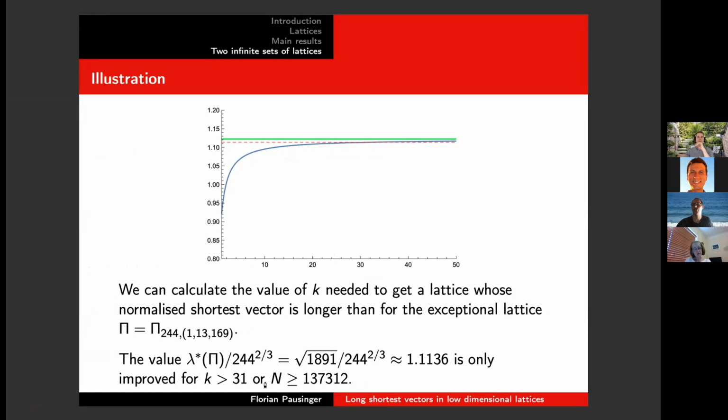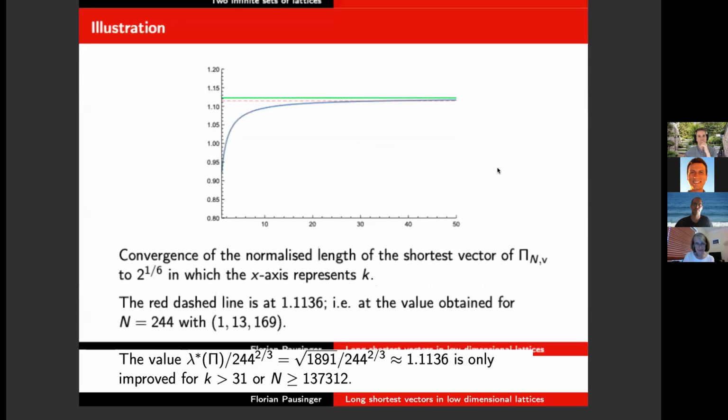Or in other words, one needs a lattice with N greater than 137,000 points in order to improve this very particular lattice with 244 points. But nevertheless, it is possible to improve it, and it's actually possible to get lattices that have shortest vectors that are as long as possible.